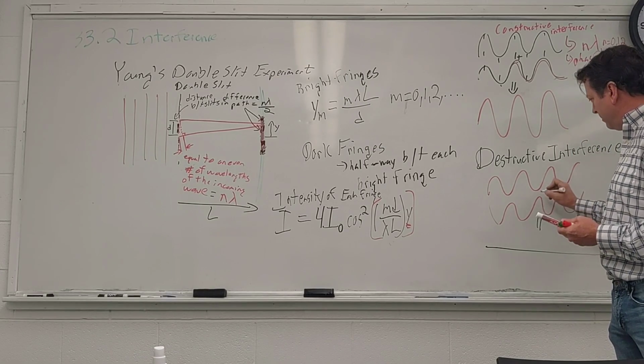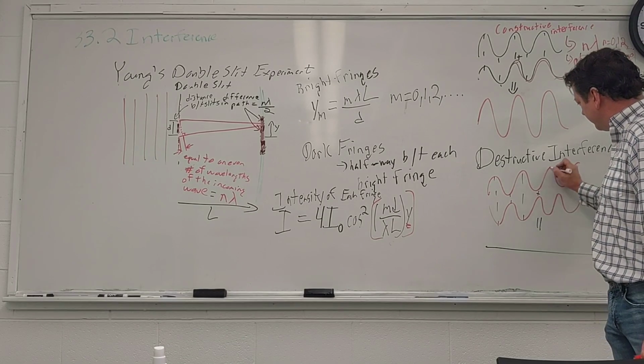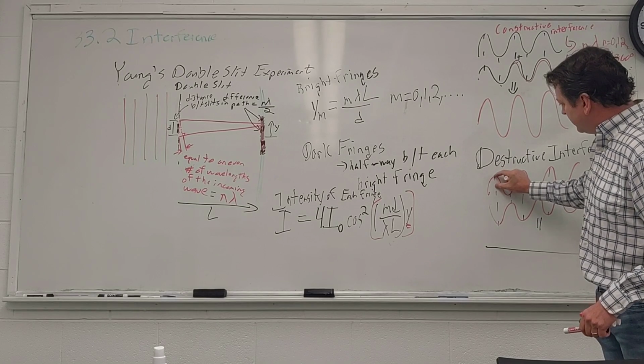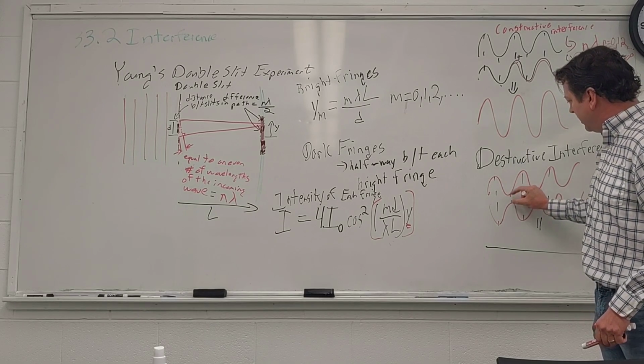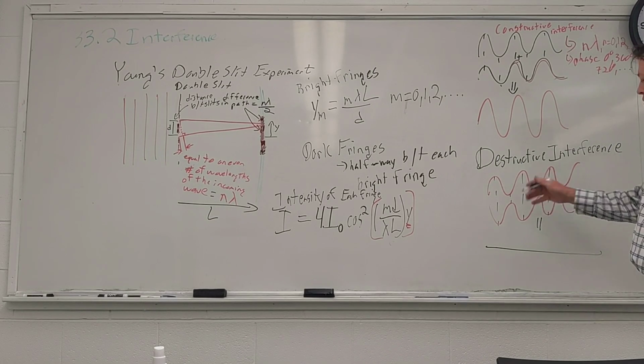So when you add these up, you get nothing there, because this peak meets a valley meets a peak. So when all that happens, you get destructive interference.